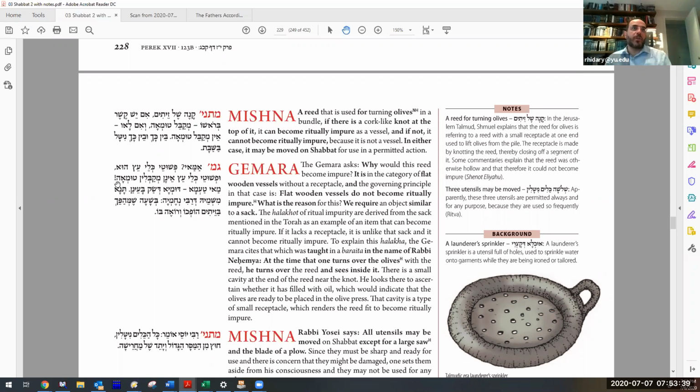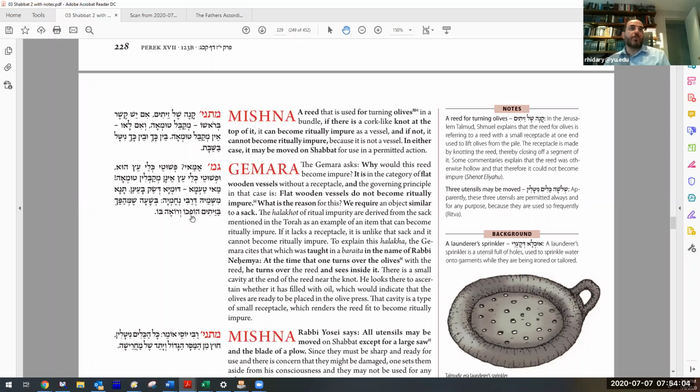It's only mekabel tumah if it can contain something. Why? In the same pasuk, it talks about a sack, which holds something. So therefore, we compare something wooden to a sack. And so in this case, even if it has a knot on the end, it doesn't hold anything. So why should it be mekabel tumah if it has a knot on the end?